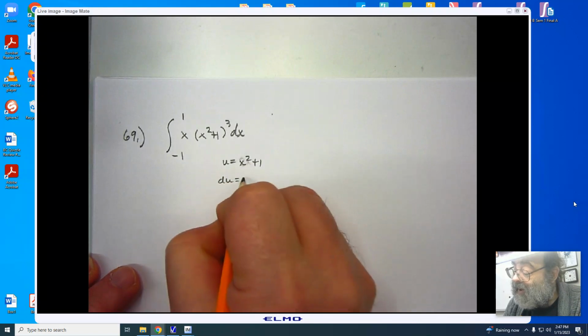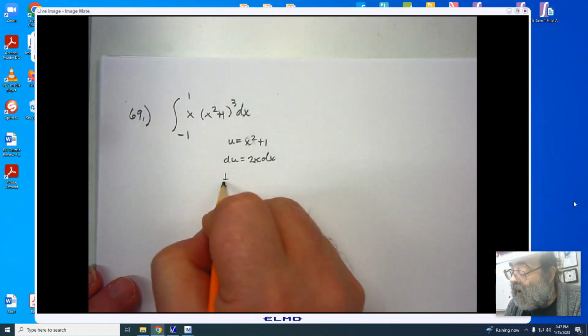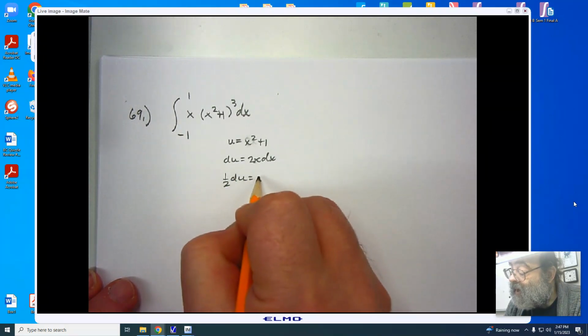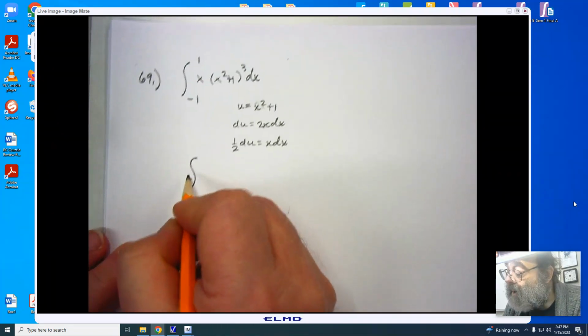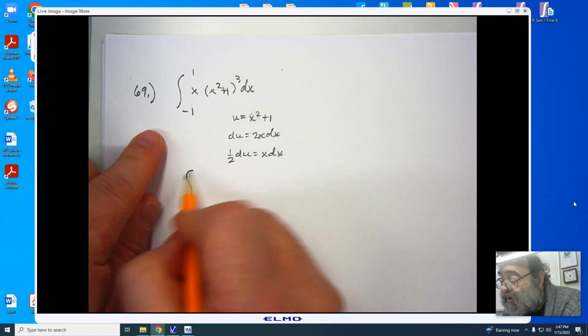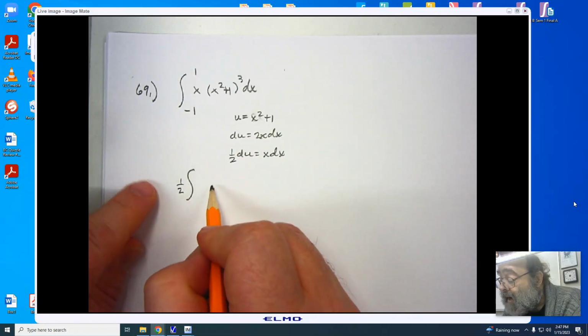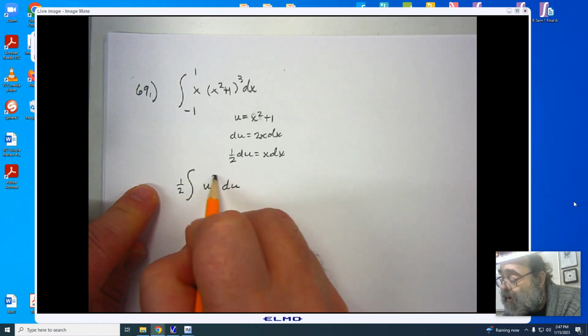Du is therefore going to be 2x dx. There is no 2. 1/2 du equals the x dx. We're now able to substitute. Now, be aware that my values are changing into u's. They're no longer x's. I have a du now, and I have a u cubed.